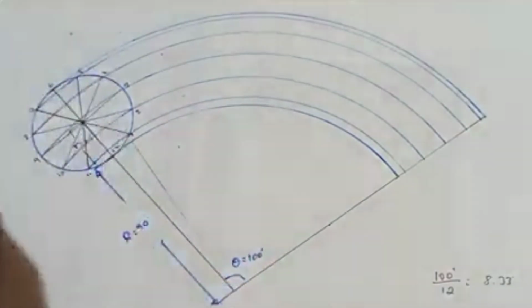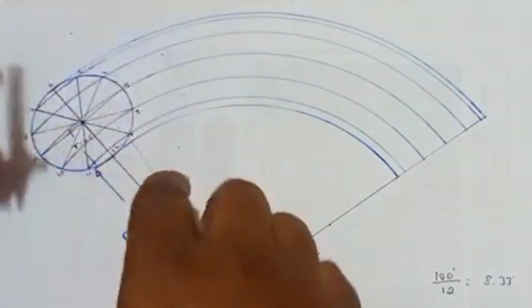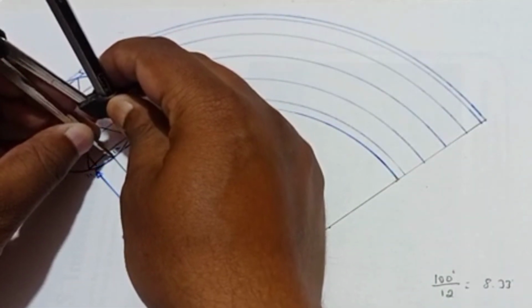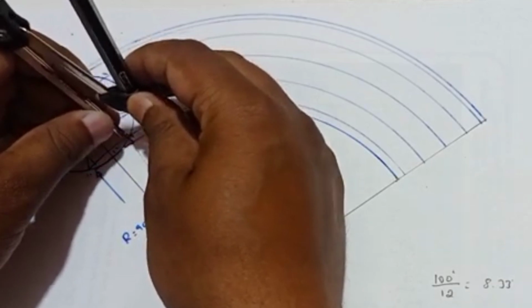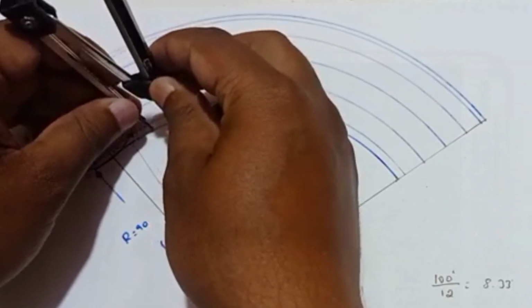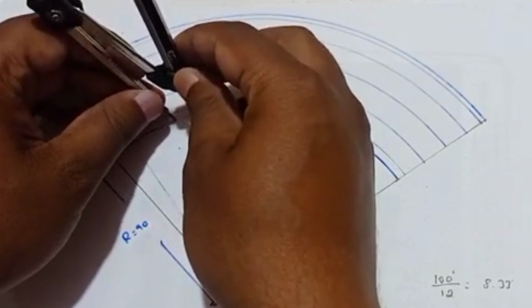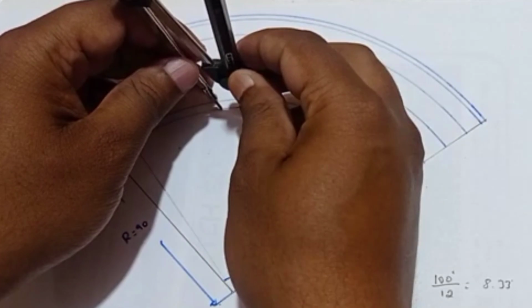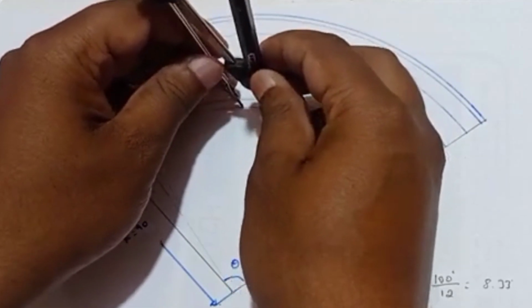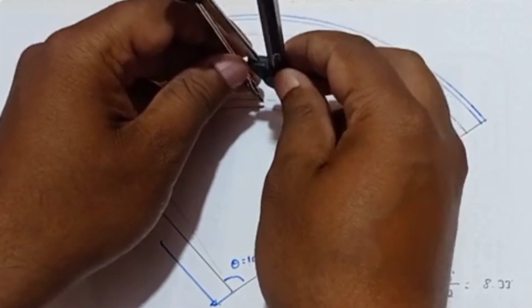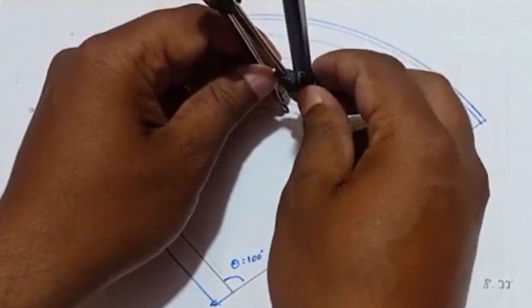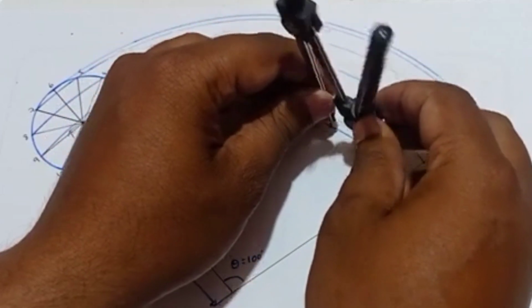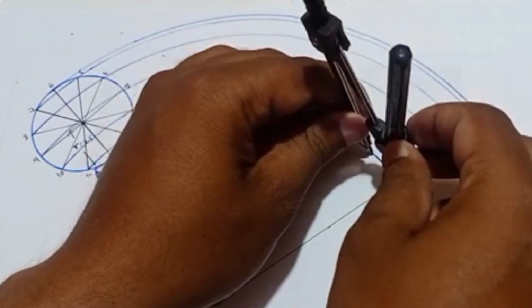Okay, after this I will take a compass. I'm going to divide this by measuring this length. So 1, 2, 3, 4, 5, 6, 7, 8, 9, 10, 11, 12.